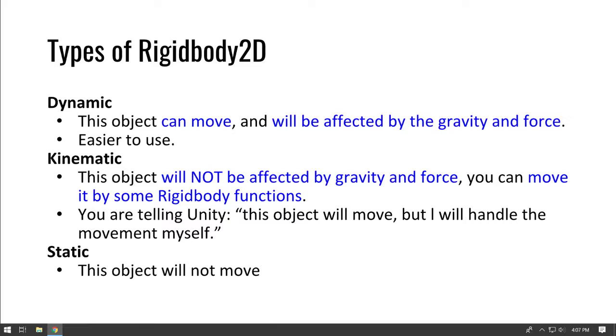Yeah? What do you usually use kinematic for? So sometimes you want a kinematic body for a character controller. Character controllers can either use dynamic or kinematic based on how fine you want the control of the character to be. If you have a dynamic rigid body, then you're controlling it, but not really, because if you hit a wall, then you're going to be forced back.